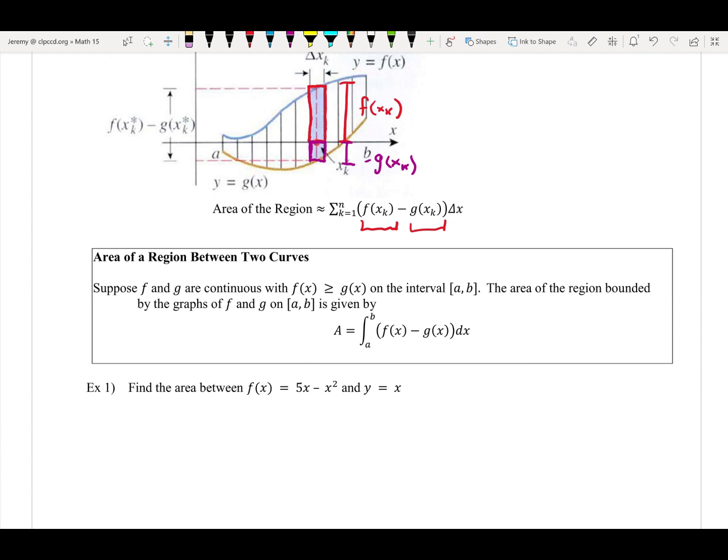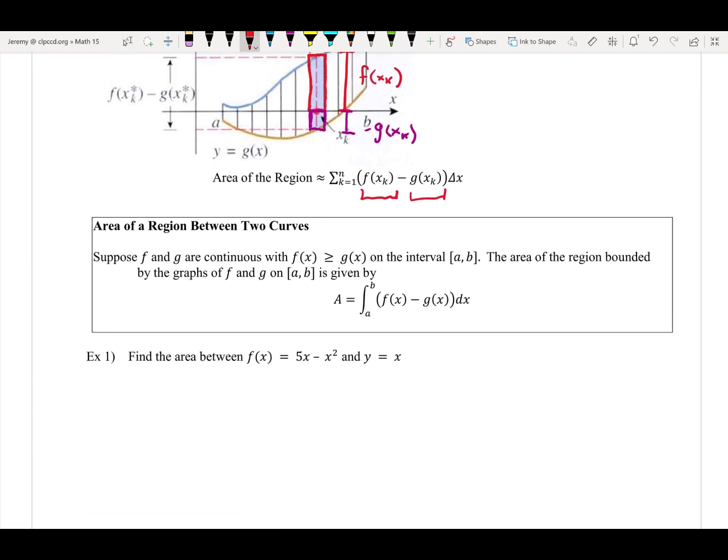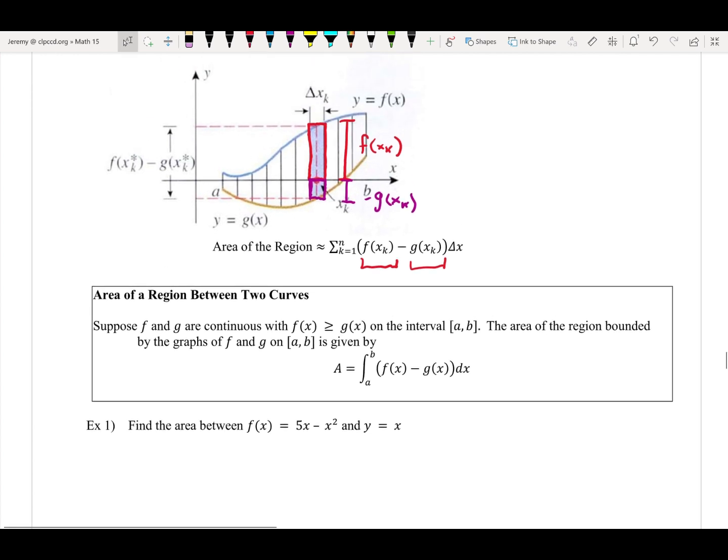It's not particularly difficult. All we really have to be careful of is that the first function, f of x, the first term in this difference, is the larger function, the function with the larger output values, or I'll often refer to it as the top function. And g of x is the bottom function.